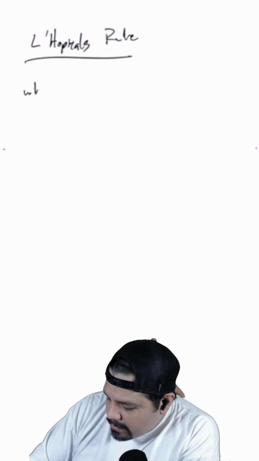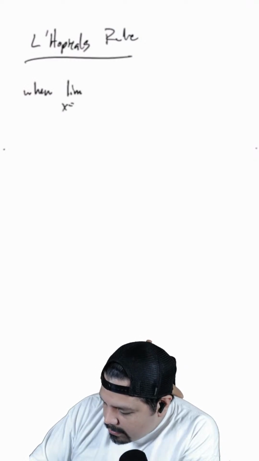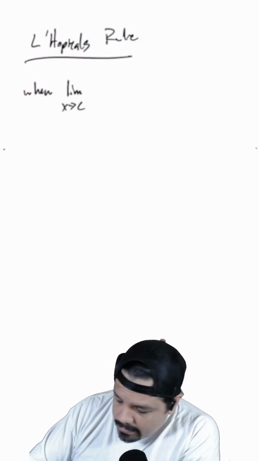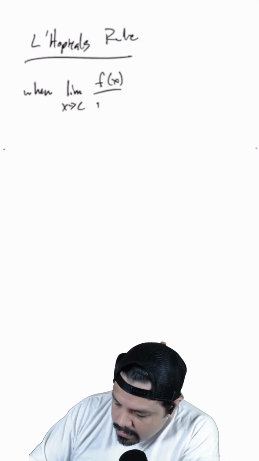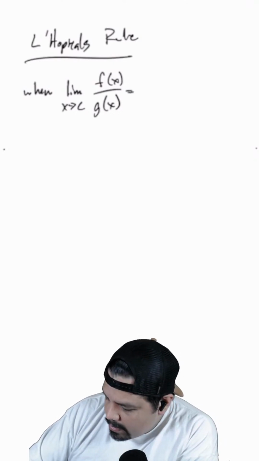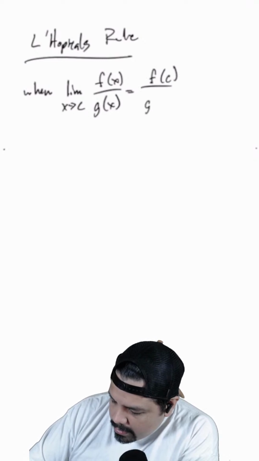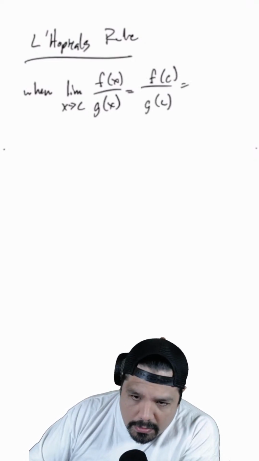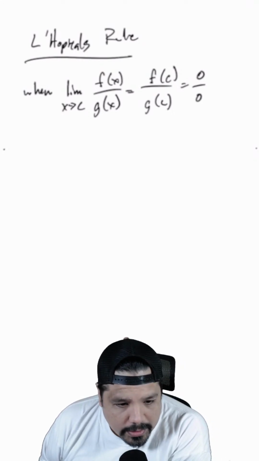This says when a limit as x approaches c for f of x over g of x is equal to f of c over g of c is equal to 0 over 0. That can't work, can it?